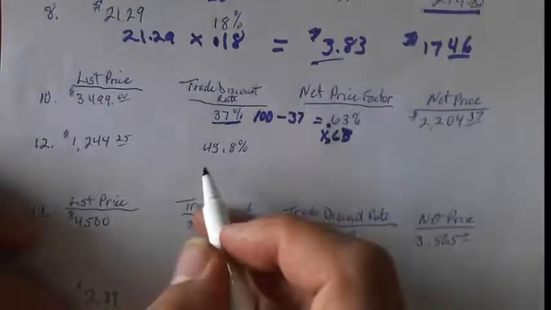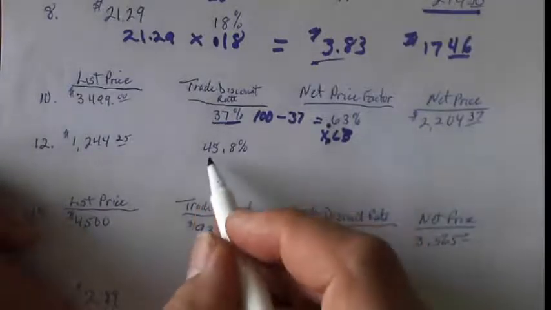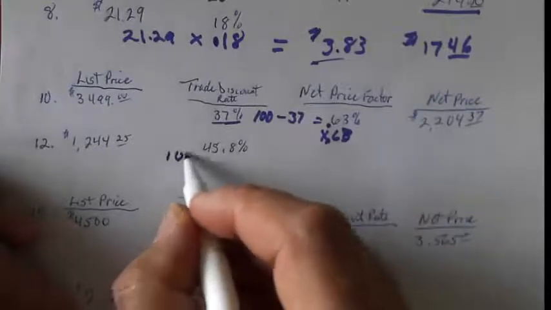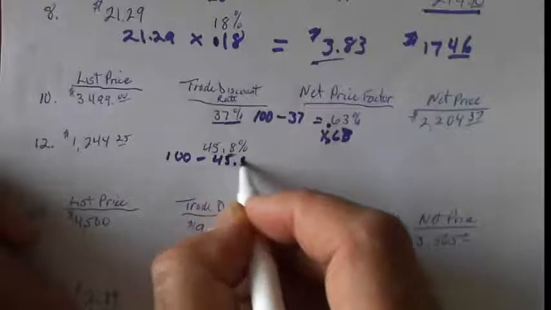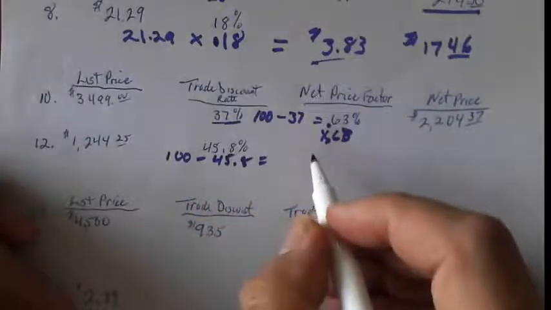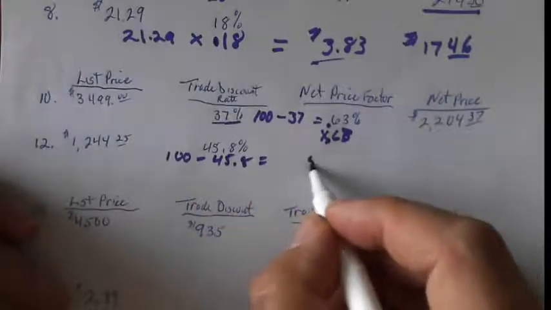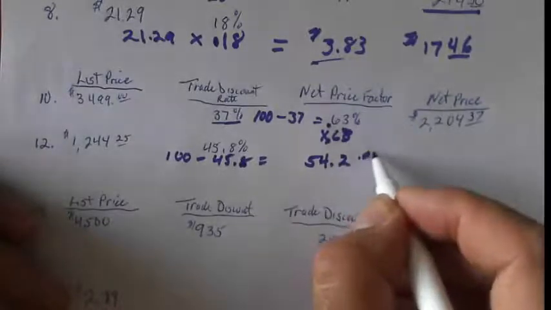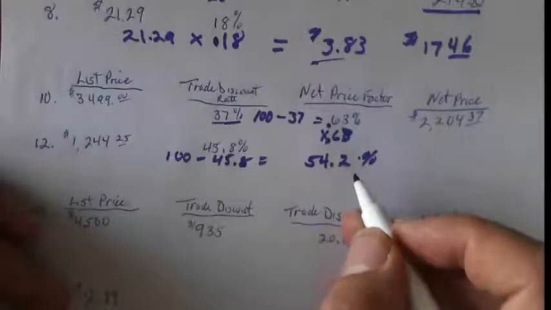So in problem 12, we'll demonstrate that. We subtract 45.8 from 100. Then we would get 54.2% is the net price factor.